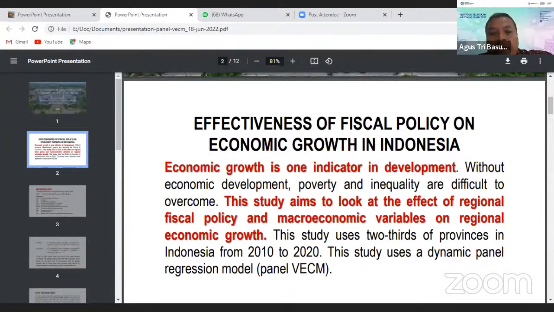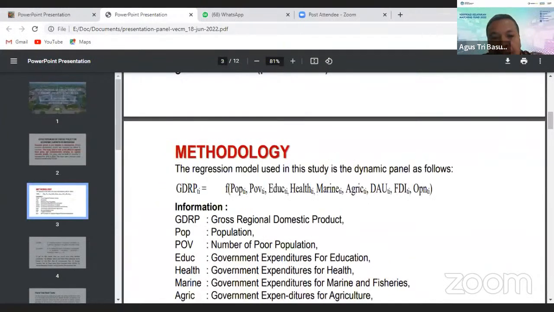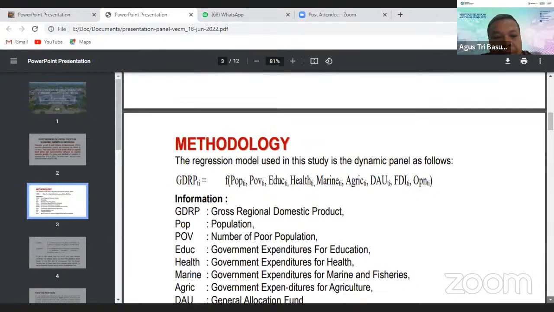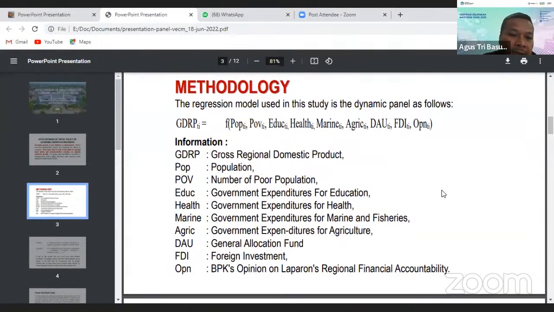for 23. The study uses a dynamic panel regression model, a panel cointegration, and VECM. Okay, next. This is the methodology. My model: GDRP is a function of population, poverty, education.